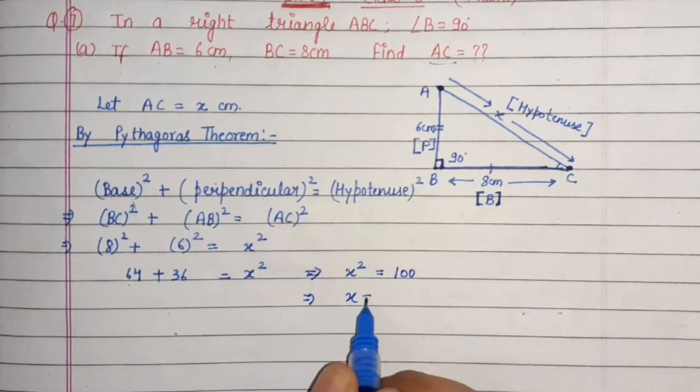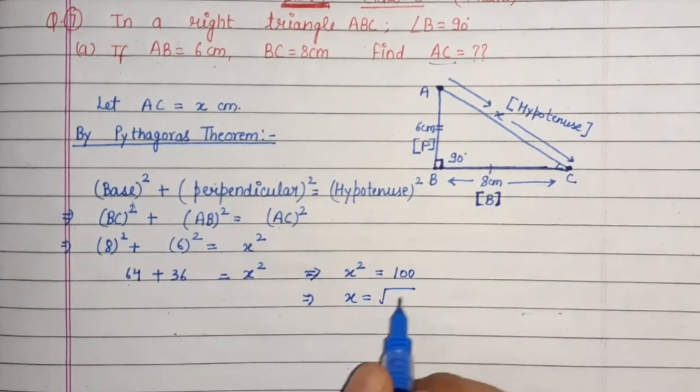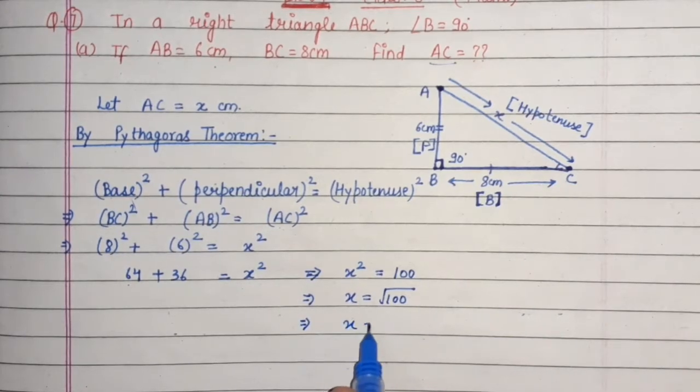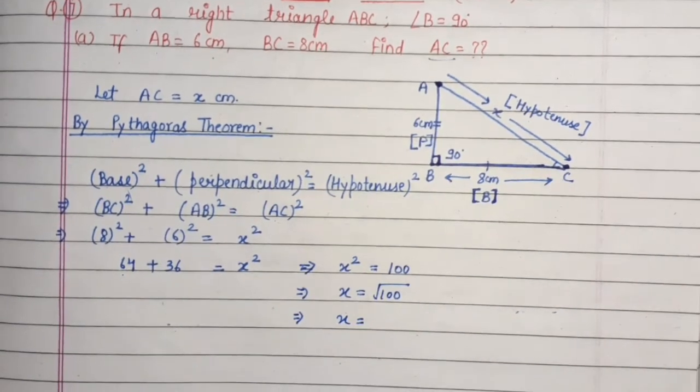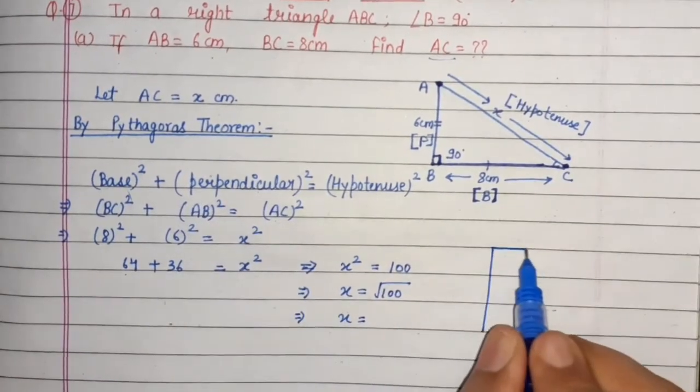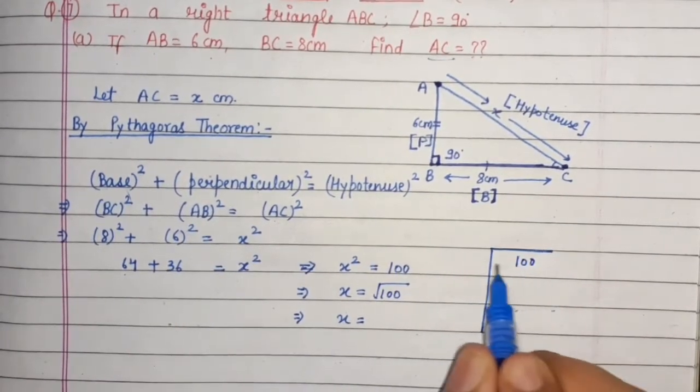Now if you transpose this square to the right hand side, it becomes square root. Now X equals to, we have to find the square root of 100. It is your choice. You can find it with prime factorization or division method.